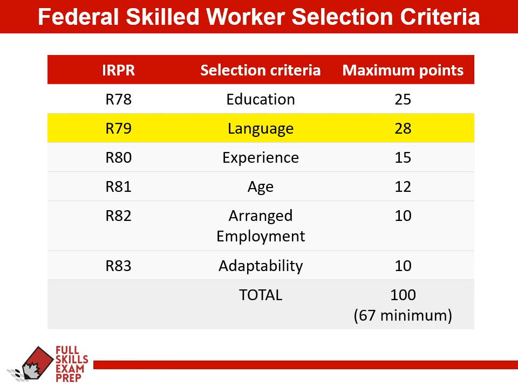When you take a look at Regulation 79, you can see that language, of course, plays a huge role in the Federal Skilled Worker Program. Actually, in all the economic classes, really, language exams are incredibly important. You're going to see this in real life once you start working as an RCIC, that the best way for your clients to get the most points in everything is language.